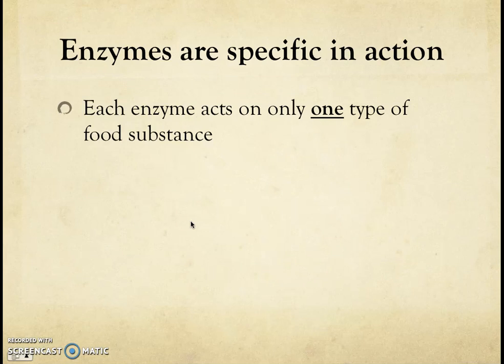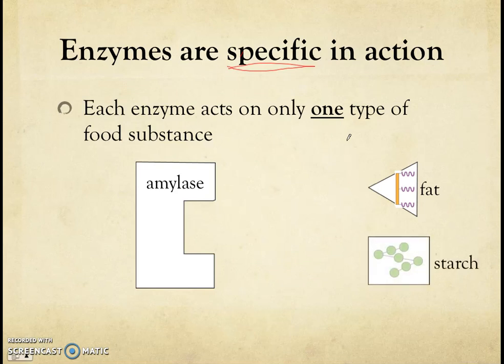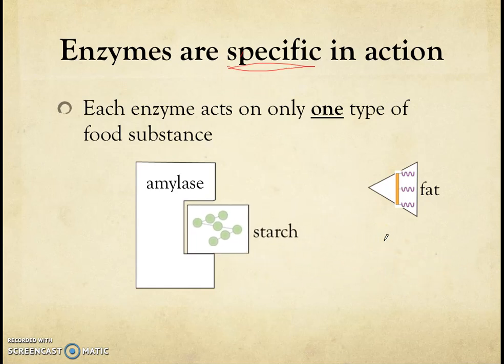So anyway, in the last video, we did end off by talking about how enzymes are specific in action. I mentioned how every enzyme can only act on one type of food substance. So we gave the example of amylase and two food molecules, fat and starch. Now we knew that amylase can only act on starch, right?